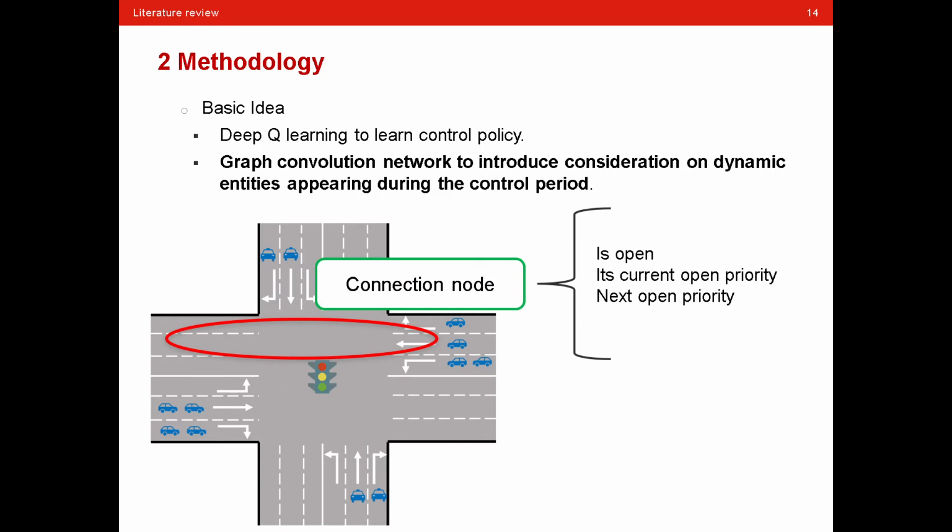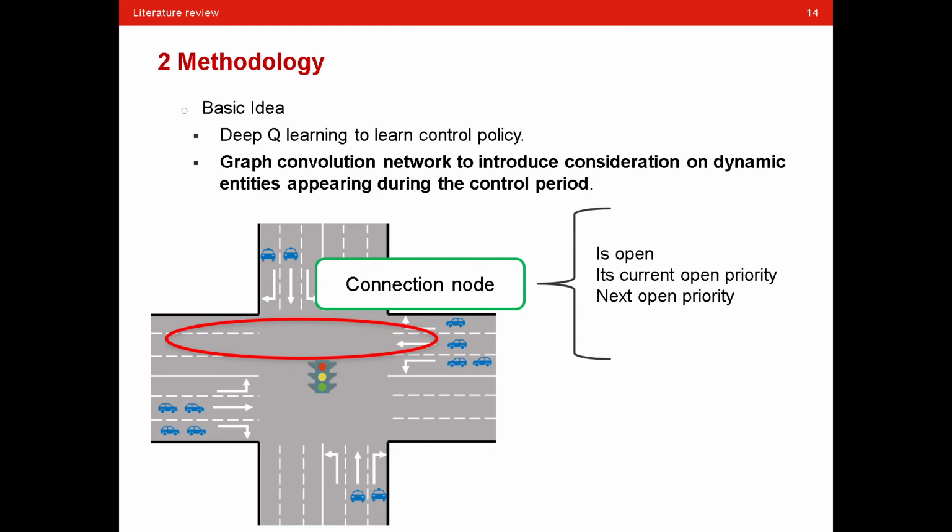The second type of node is called the connection node. This node is strange because it represents upstream-downstream correlation and is more like a link, but they also regard it as a node because any entity can be regarded as a node in the graph.